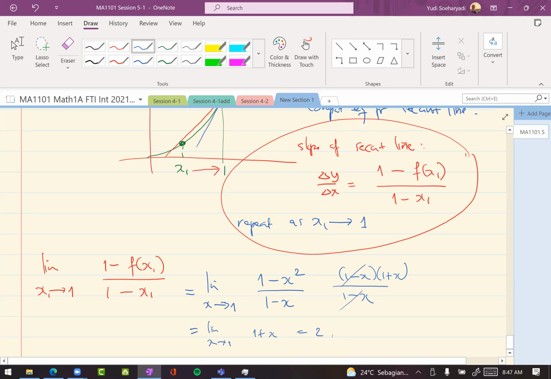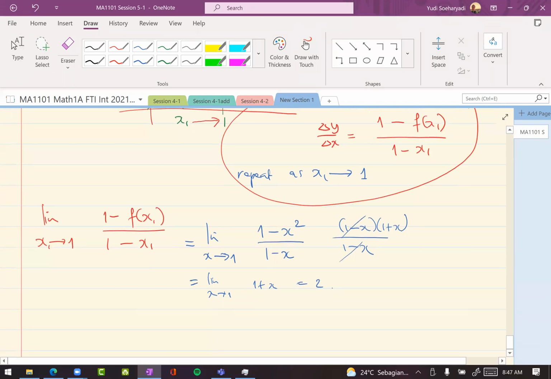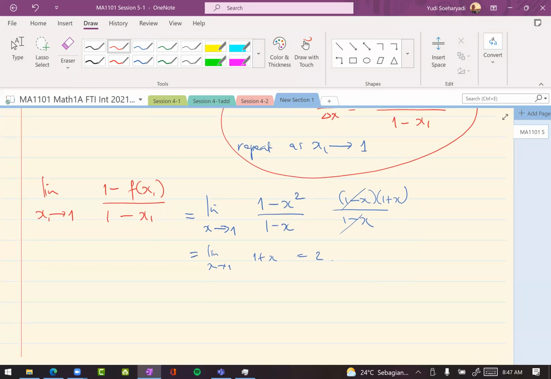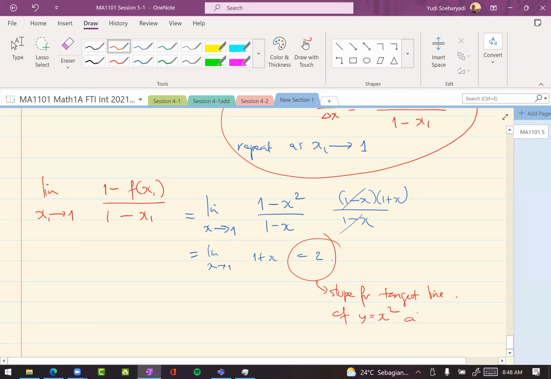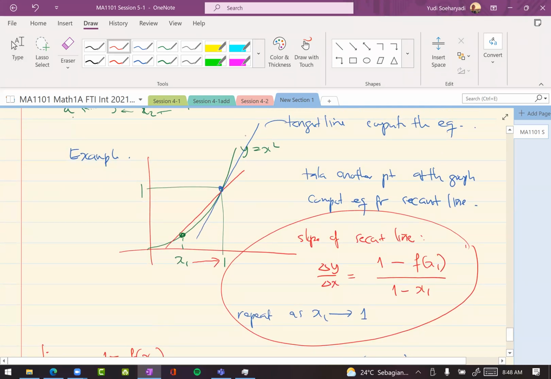So this is what we call the slope for the tangent line here. That's the slope for this one. So that's an approximation.